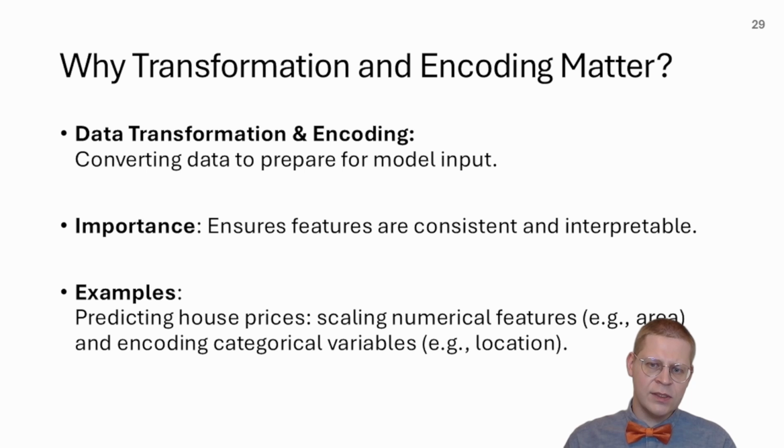Similarly, encoding turns categorical values into numerical ones so the model can understand them. Not every model can utilize categorical data. We'll discuss this during the lectures on machine learning models. This step is important, and it takes into account not only the data itself, but also the models that will be utilizing the data you are preparing.